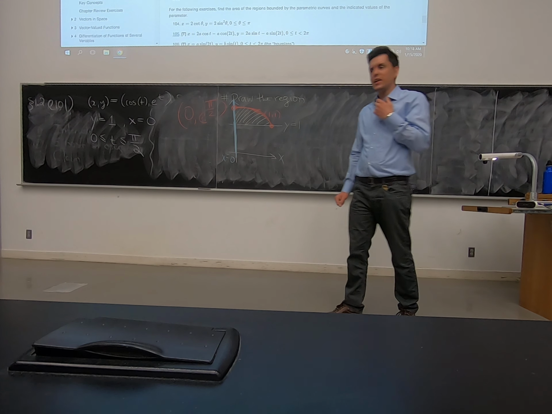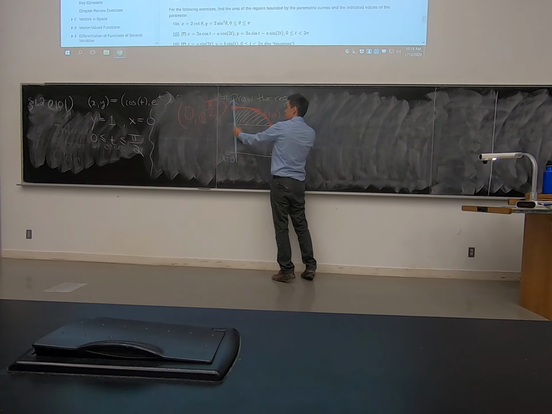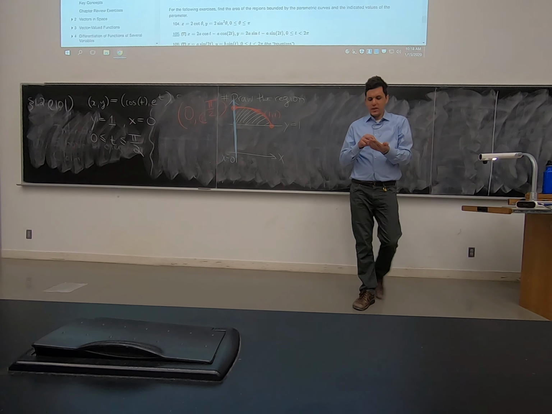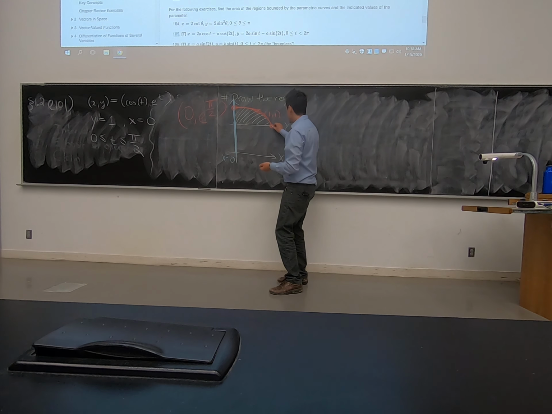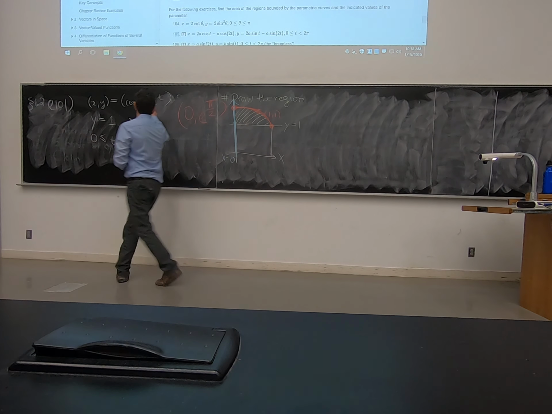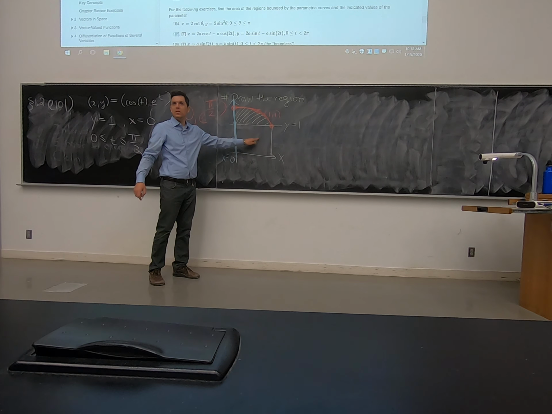That was very quiet up in the front row. We want to integrate this guy and then subtract off this big rectangle below. This rectangle is not part of the region we want, but if we just integrate this, we'll get this area as well.